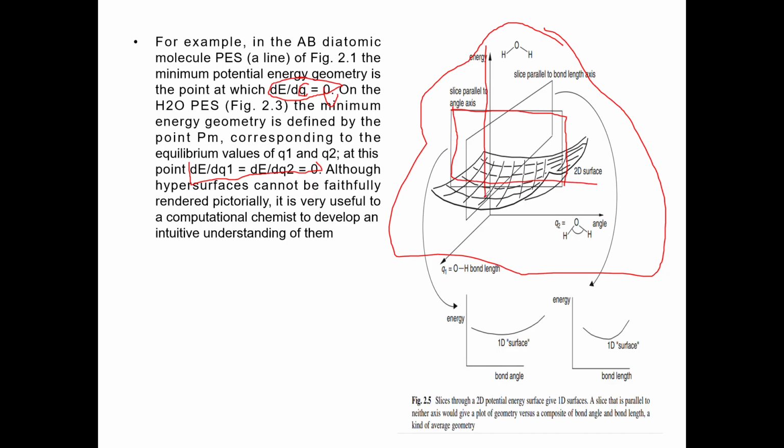We just have the energy, and Q2 is the angle. Here we will turn it into the first chart, and then the second slice. Slice 2 here.